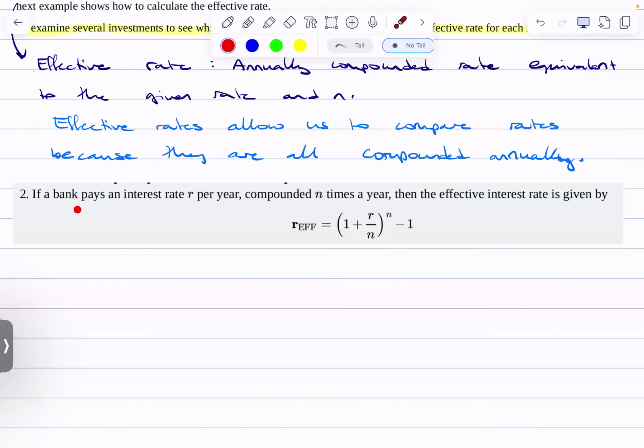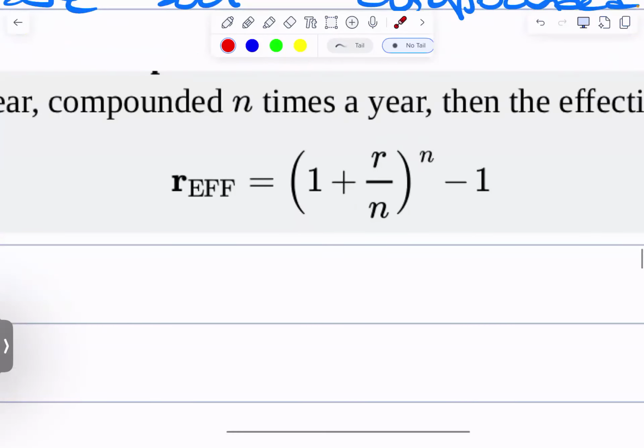If a bank pays an interest rate R per year, compounded n times per year, then the effective interest rate is given by this formula here. So usually we denote it with an R subscript EFF for effective rate. And the effective rate, you know, is compounding annually.